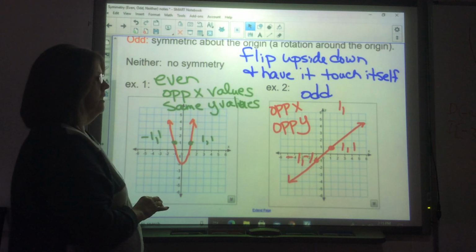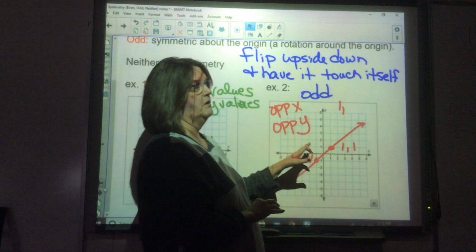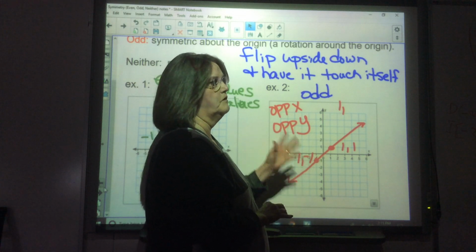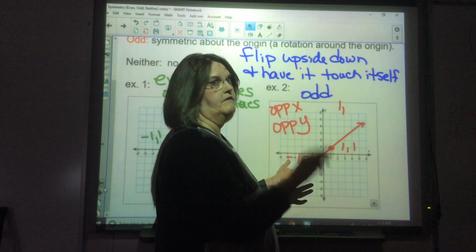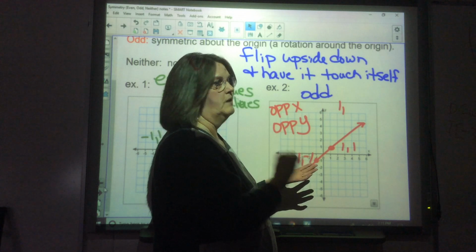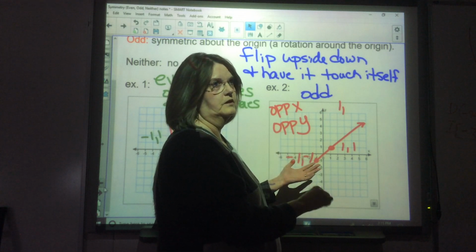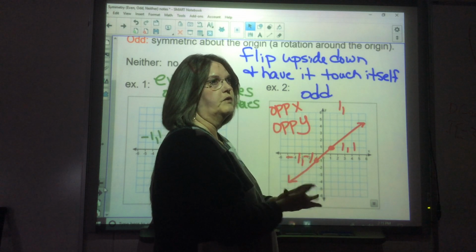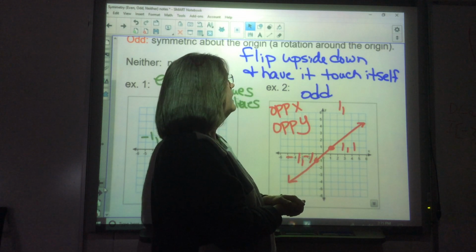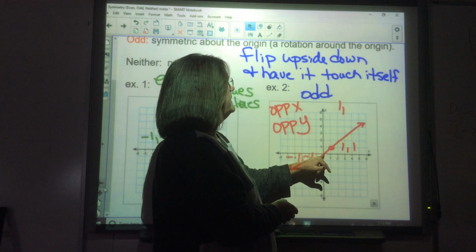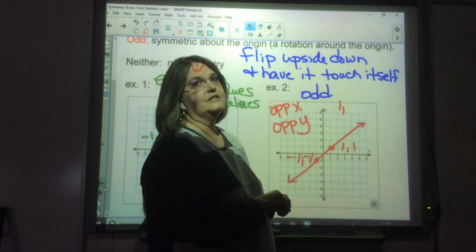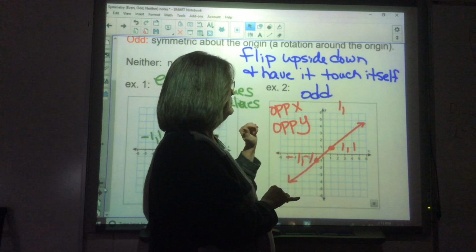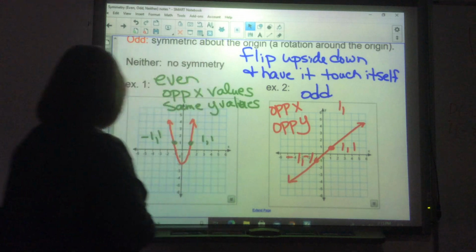And a linear function is the only one that will ever be odd. Now I'm not saying that in the future no other function will be odd. That's all I'm saying. But for the three functions that you have to know in 9th grade, the only one that will be odd is a line, and it will have to go through the origin to be odd.